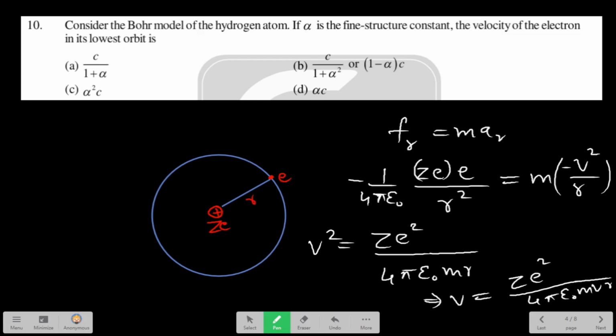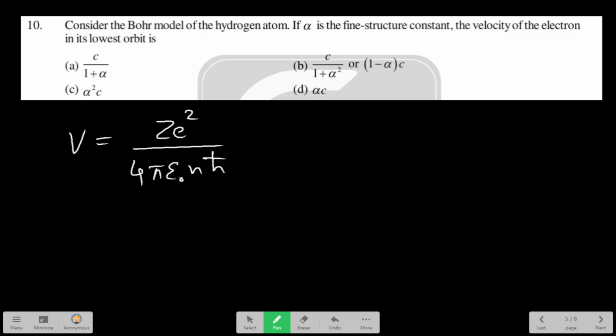Now one of the postulates in Bohr model is that the angular momentum is quantized. Angular momentum mvr is equal to n h cross. This is one of the basic postulates of Bohr model. So if we put mvr is equal to n h cross, this is second equation, in the first equation, v is equal to Z e square upon 4 pi epsilon naught mvr. Then we get v is equal to Z e square upon 4 pi epsilon naught n h cross.